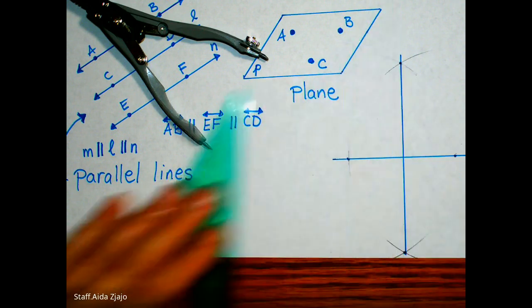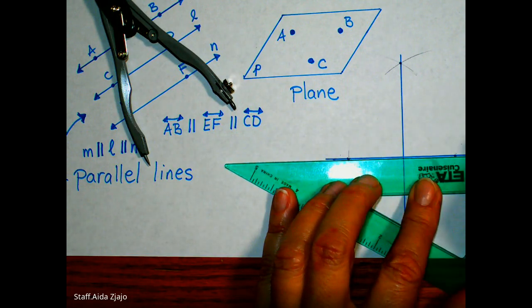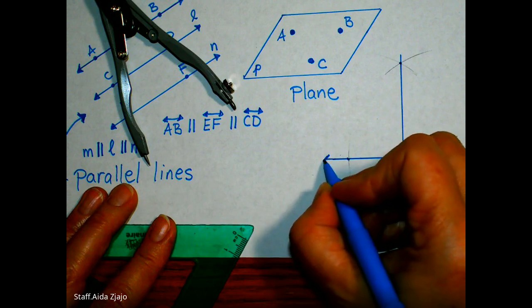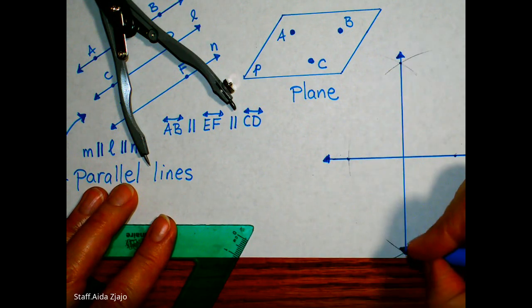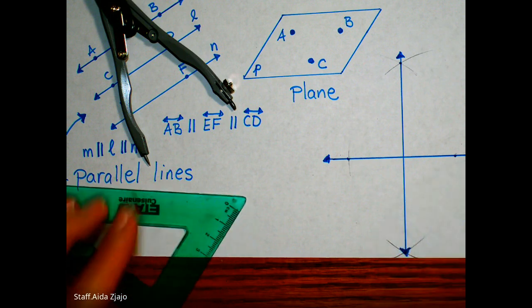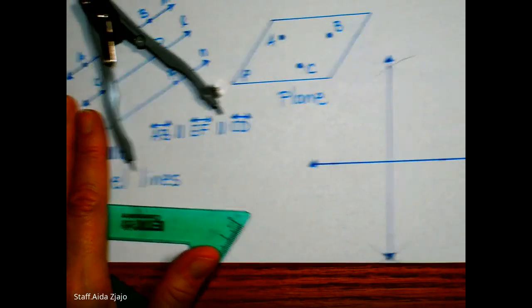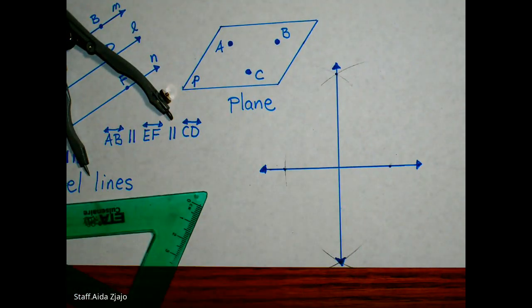I can extend the lines and make arrows because lines never stop. Then I can check that I created perpendicular lines because they form four right angles.